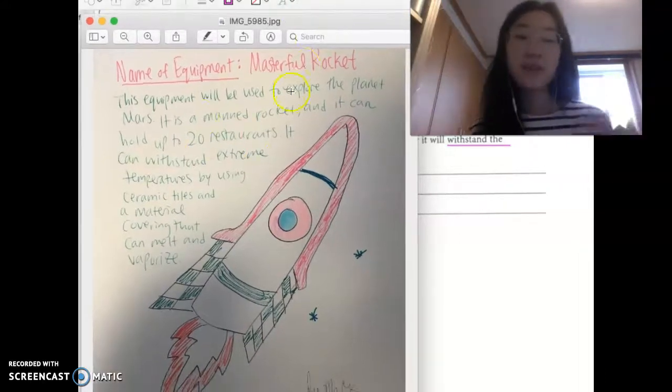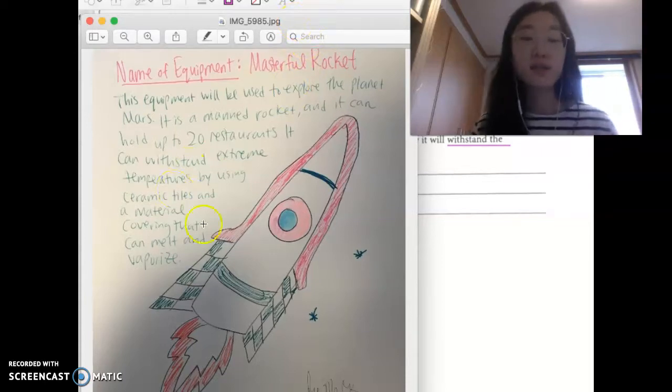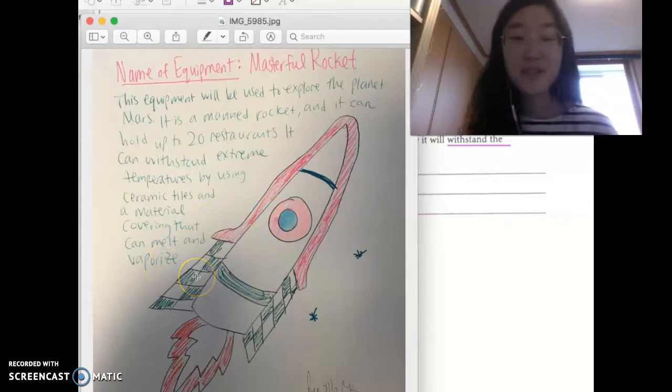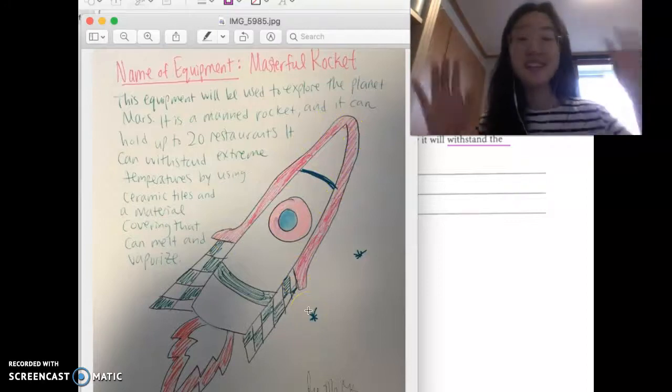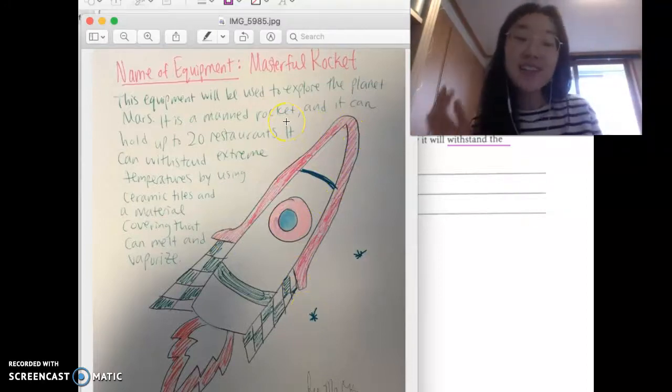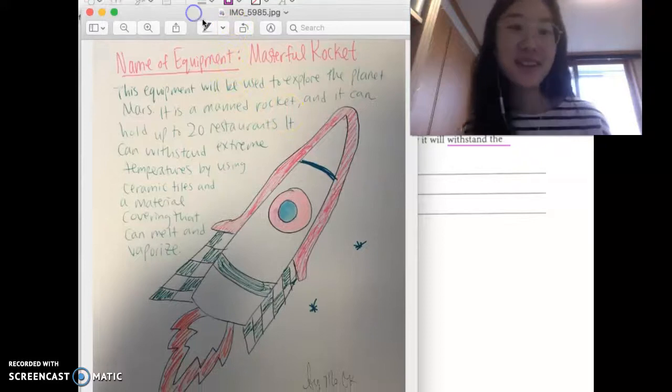And then I explain the purpose of this rocket and how it's going to be able to withstand temperatures. These are my beautiful tiles, and this is the area that's going to melt and vaporize and sweat. So I challenge you to create something even better than this one.